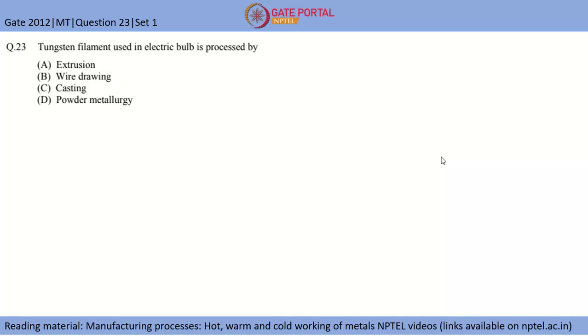Tungsten filament, which is basically used in an electric bulb. You need to know what the manufacturing process of that tungsten filament is.